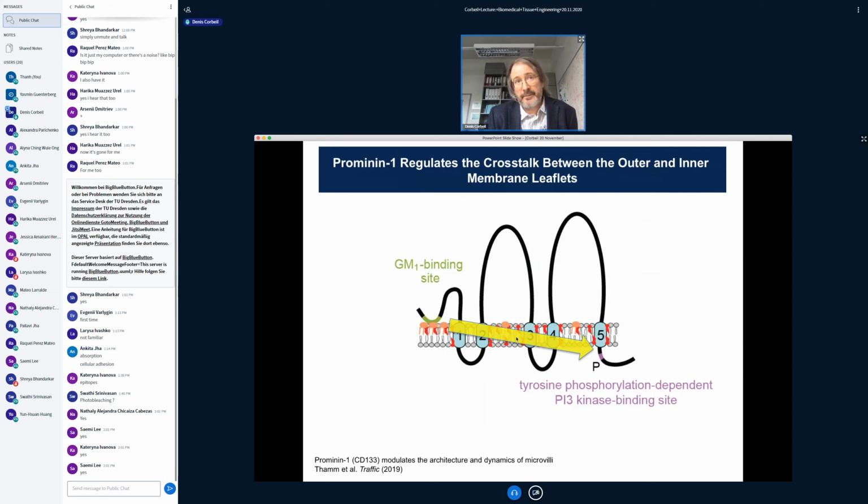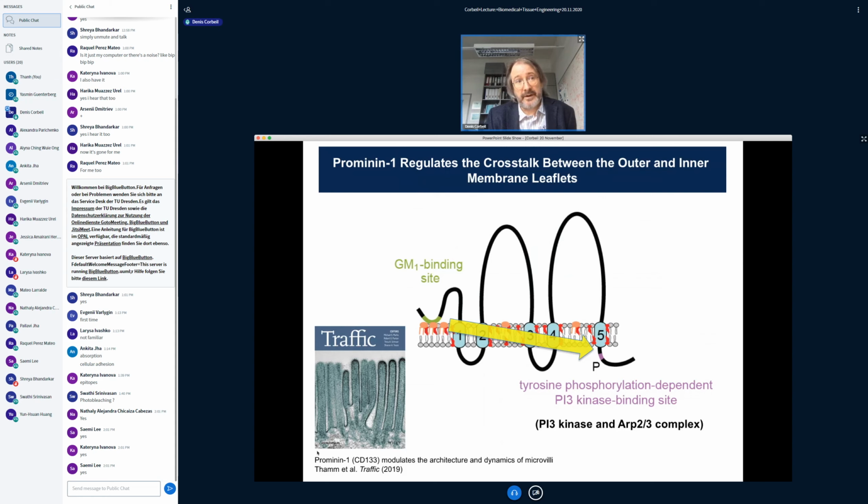So you have a crosstalk between the outer leaflet and the inner leaflet. And this phosphorylation will stimulate the interaction with PI3 kinase. And as you know, PI3 kinase will change the lipid on the inner leaflet from PIP2 to PIP3.